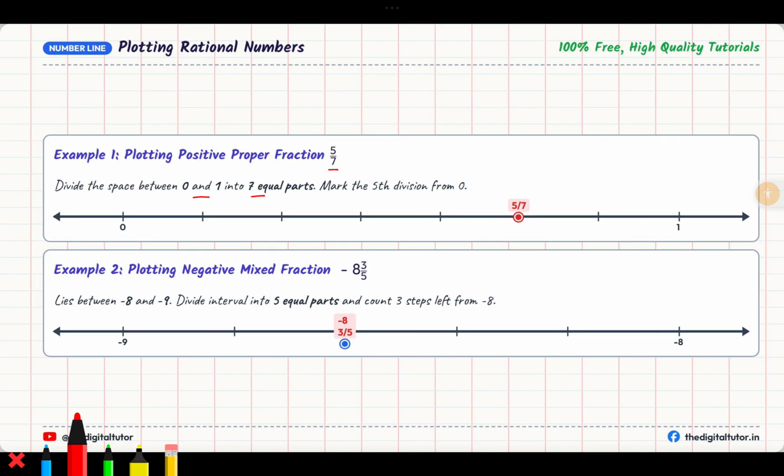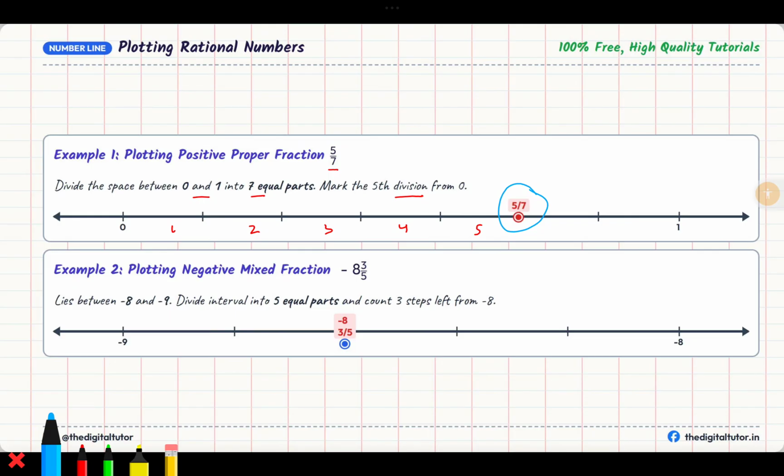There are 7 equal parts, as you can see, and out of those 7 parts we mark the fifth division from 0: 1, 2, 3, 4 and 5. So here is our number 5 by 7.